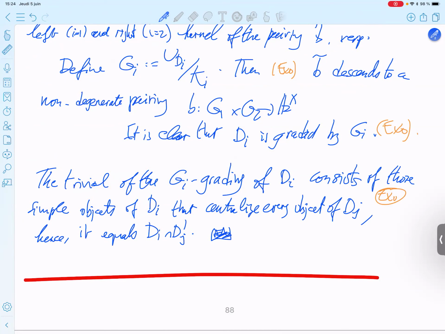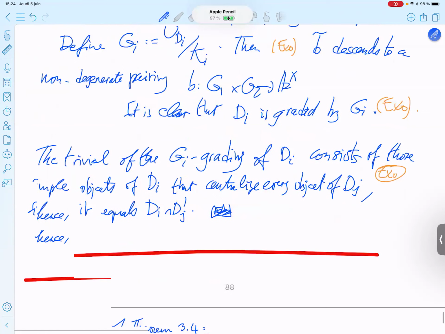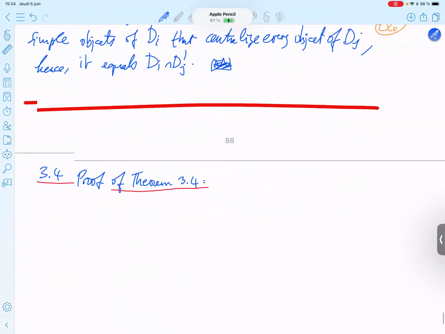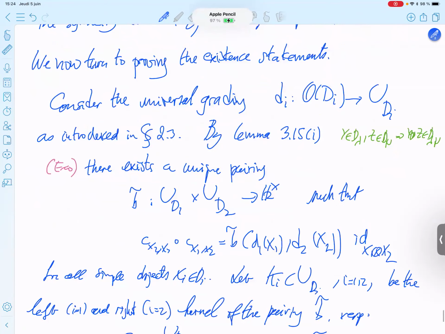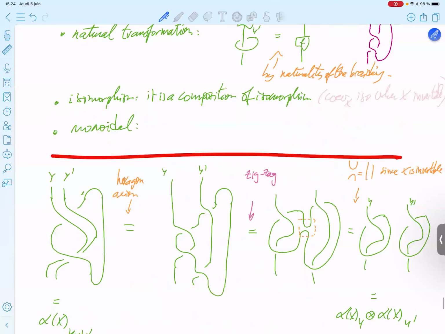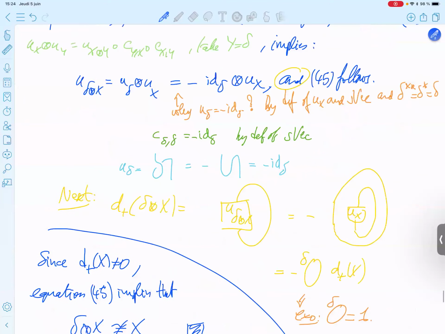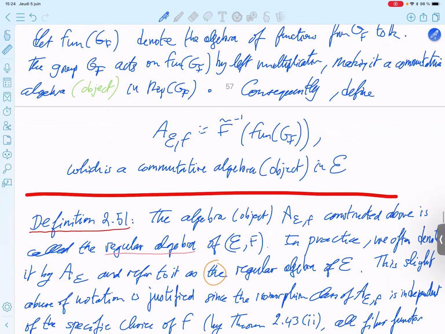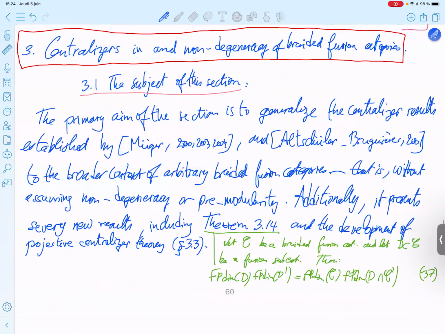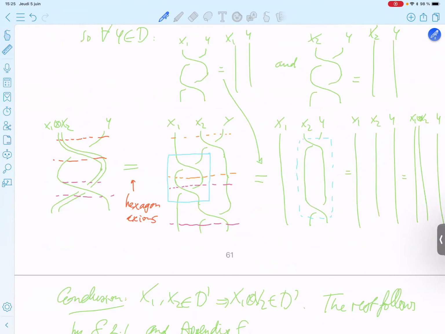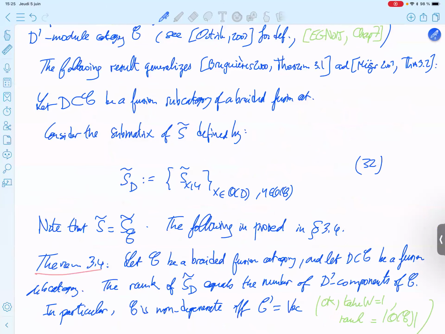I will read again. Theorem 3.4. Exceptionally, I go far back in the notes, because this is really required. Where is it? Here. Okay.